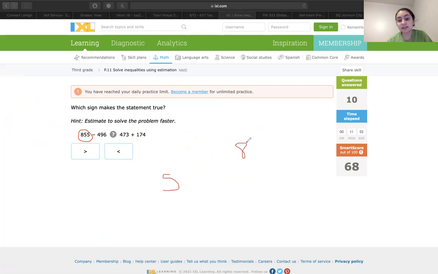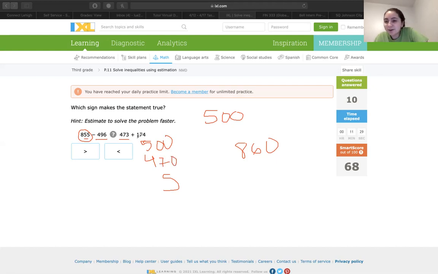So you would say 860, right? 496, you can do it to 500. 473, you can do it to 500 if you want. Or you can do 470 to be more accurate, but it's okay because it's estimation. And so on.